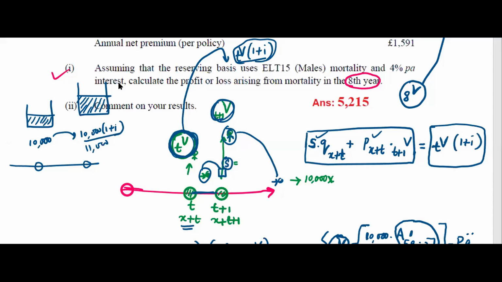What is Qx plus T? I mean, which year are we talking about? 8th year, right? So that I need to write. Plus P7 into V8 is equal to V7 into, what is the interest rate here? 4%.